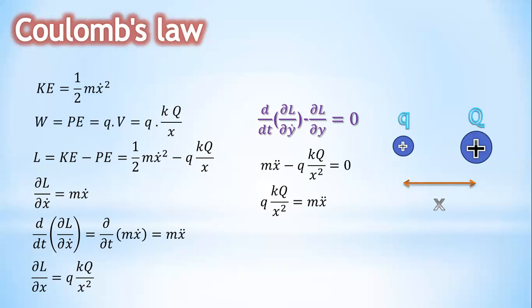Then F equals ma, which proved for the third time that Lagrange is correct and it's related to Newton's second law.